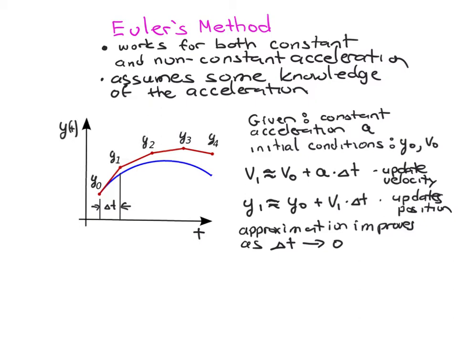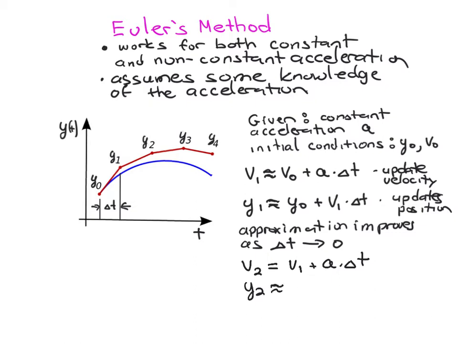So if you want to figure out what y2 is, you can use the same method to get from y1 to y2. So what do I mean by that? So we're going to write the velocity at time 2 is going to change. It's going to be whatever the velocity was at time 1 plus a times delta t. And now we can use this new velocity to calculate y2.